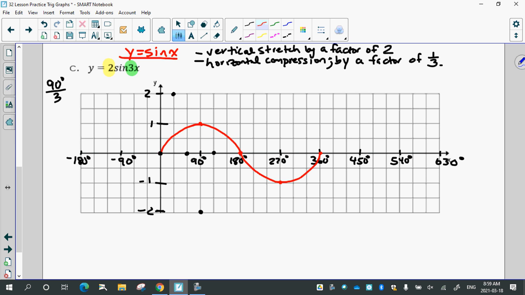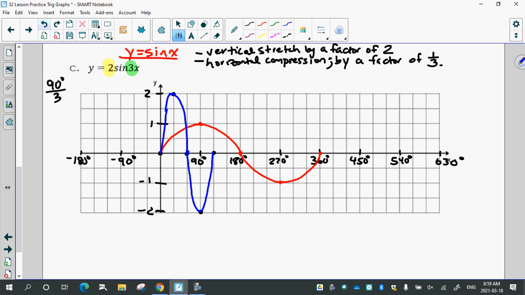So let's draw it in. There's my skinny frown and a skinny smile.